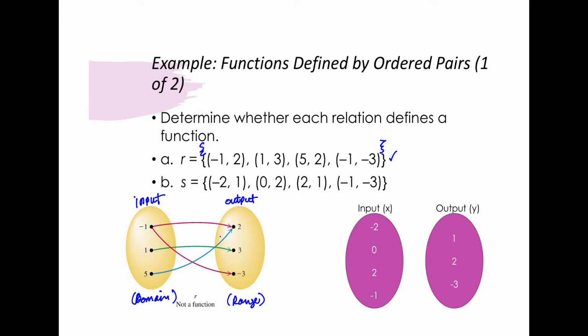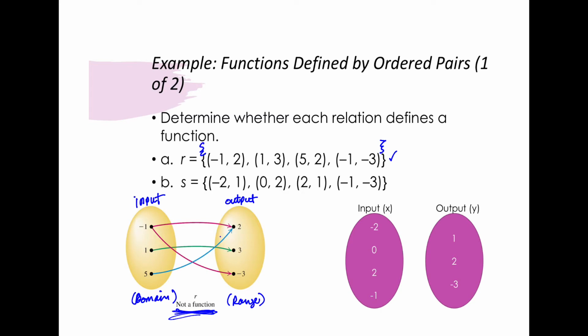One illustration I would give you is if we think of my inputs as cities and my outputs as population, we can have two different cities that go to the same population size, but we can't have one city having two population values, right? So this is where we run into trouble, and that tells us that this is not a function relationship.